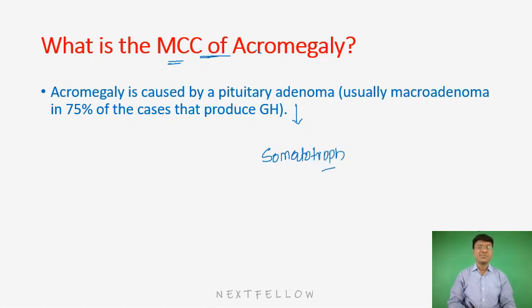Most of these somatotroph adenomas are usually macroadenomas. What do you understand by this word macroadenomas? That means the size of the tumor will be more than 10 mm, right? That is the most common cause.